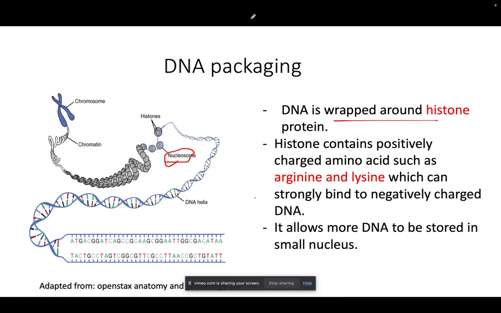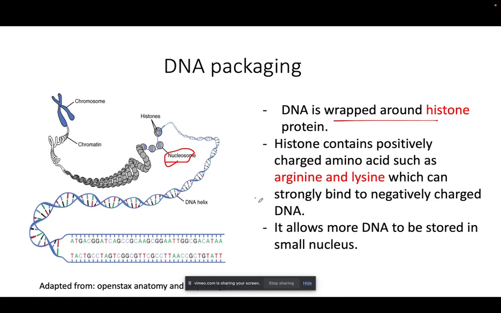But in histone, there are positively charged amino acids such as arginine and lysine. They are present on the outside of this histone protein, and the DNA is negatively charged, so they are attracted to each other and form a strong bond. And that holds the DNA around this histone protein.